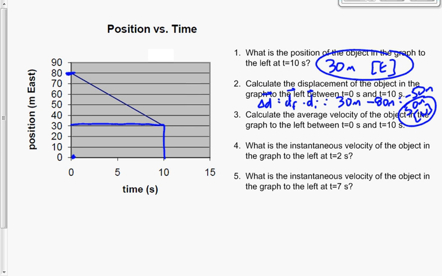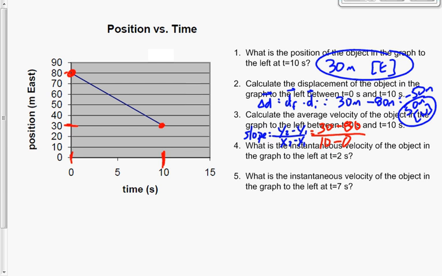Let's get the average velocity in the graph to the left between 0 and 10 seconds. Well, we're going to take the slope of that, right? Slope is equal to y2 minus y1 over x2 minus x1. Let's pick 2 points on the graph, the beginning and the end. y2 is 30. y1 is 80. x2 is 10. x1 is 0.